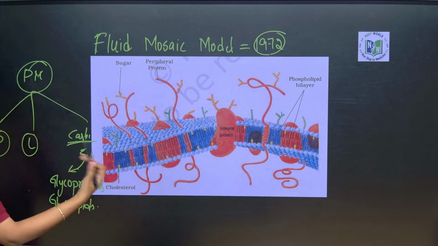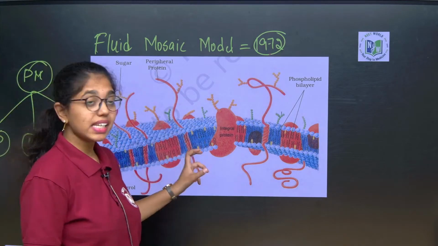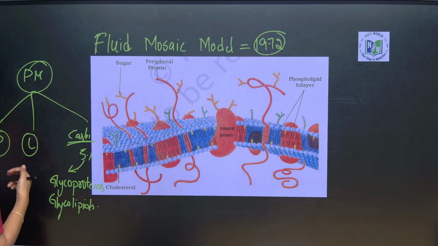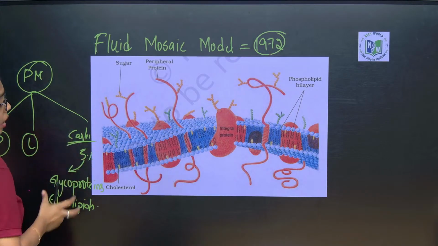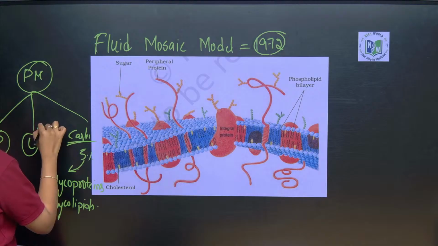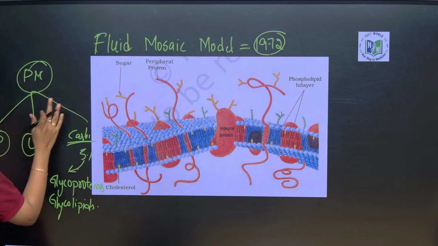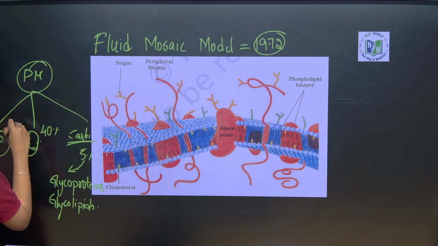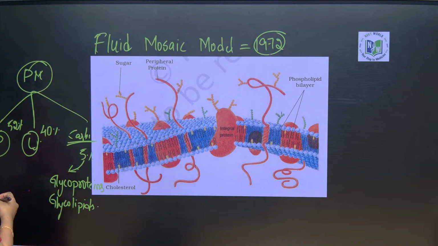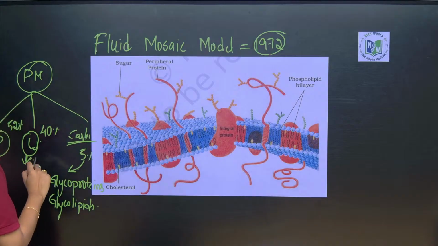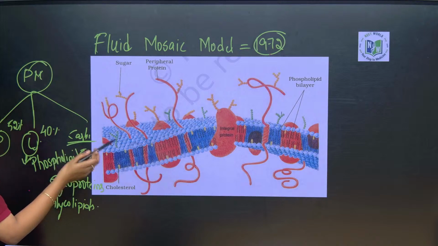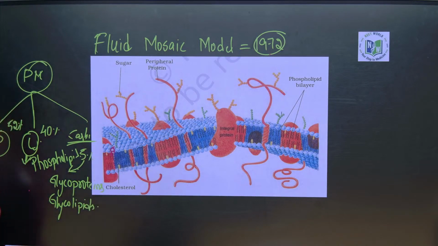If you consider the plasma membrane of a red blood cell, you can clearly see the lipid content is 40% and protein content is 52%. Most of the lipid composition in the plasma membrane is phospholipids, and you can clearly see the quasi-fluid nature of lipids.